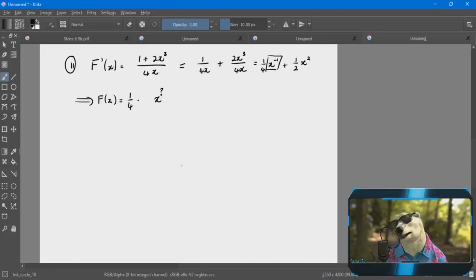If my derivative properties are solid, I would realize that this is the exception. 1/x is the exception.